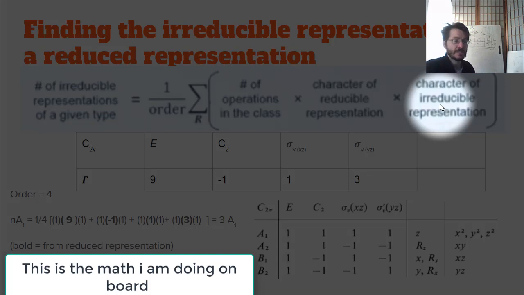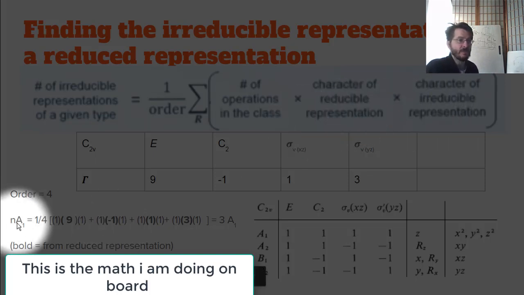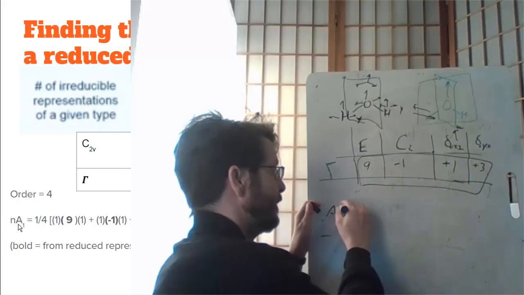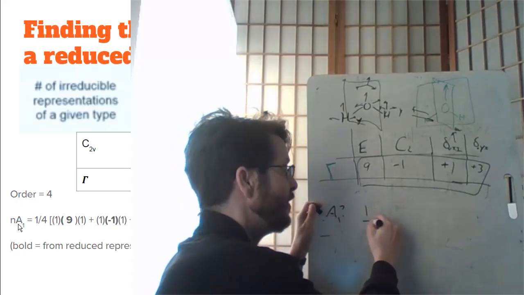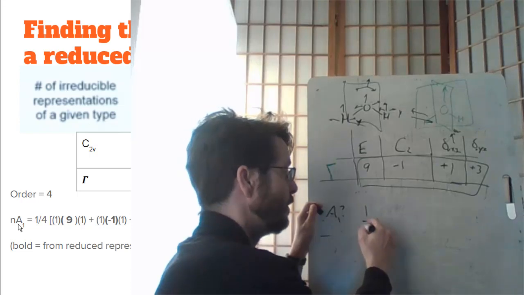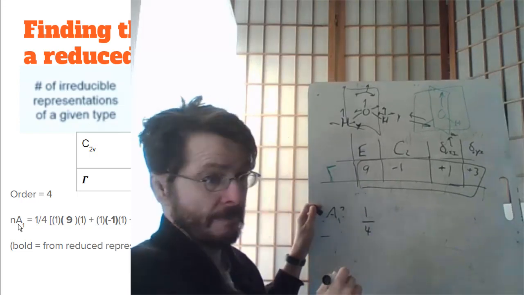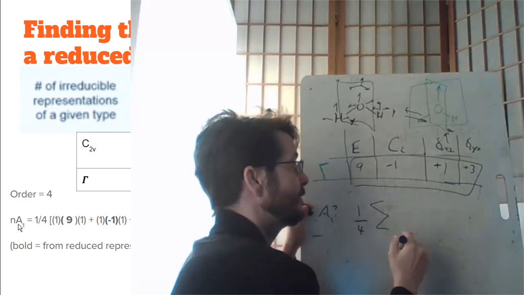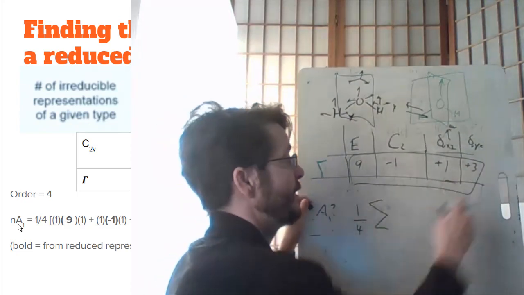So let's do it with respect to A1. All right. So we'll take a look at this symmetry representation A1. How many A1s are there? We'll take 1 over the order, in this case 4, times the sum of all of these other things.